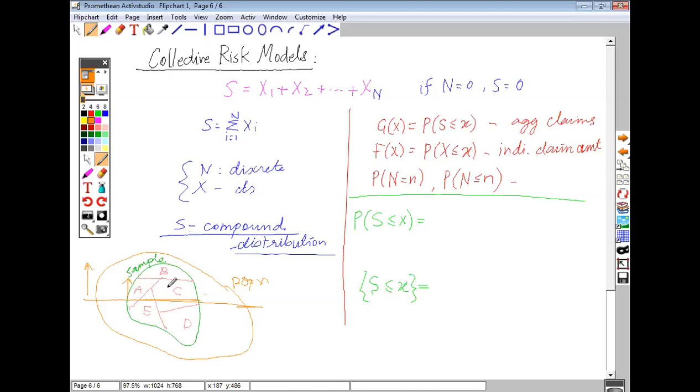So now use what we just did to write that set which I have written. We want to figure out how to write the set S less than or equal to x in terms of X and N, as well as S.